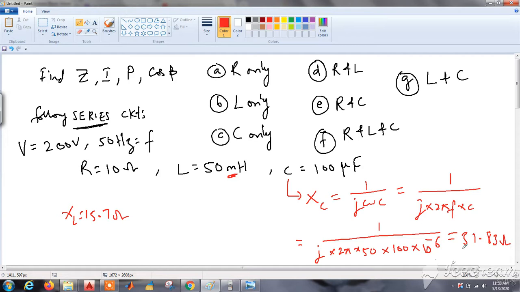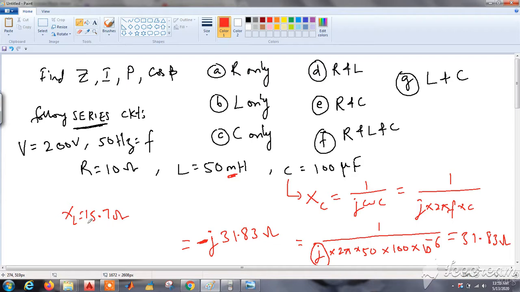ohms, or we know that the reciprocal of the imaginary term is negative. So minus j 31.83 ohms.